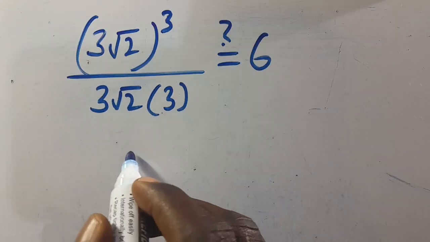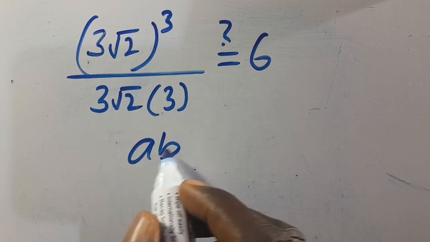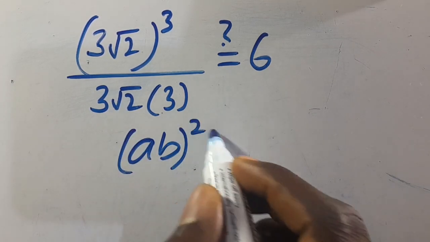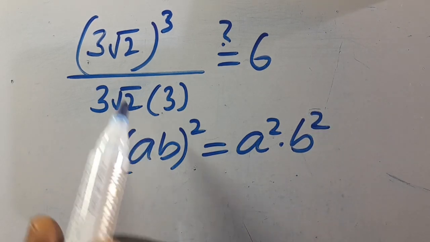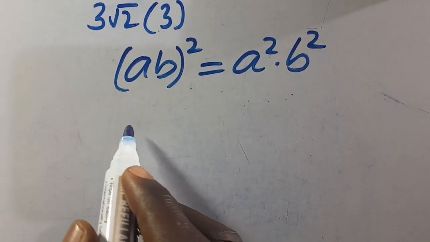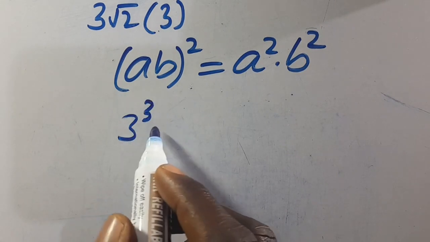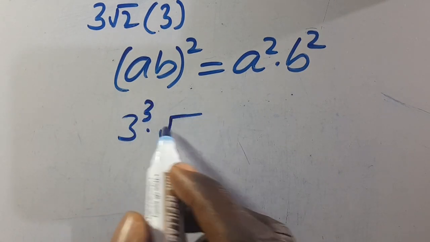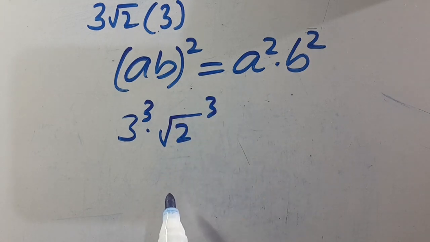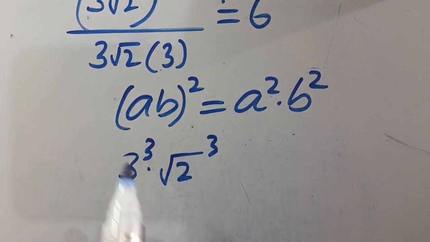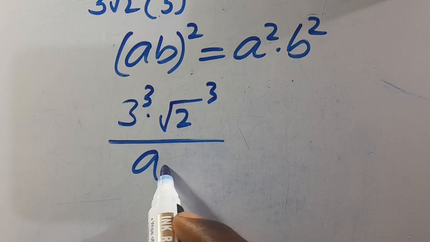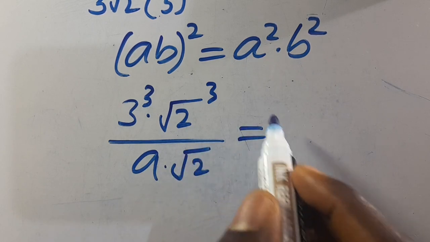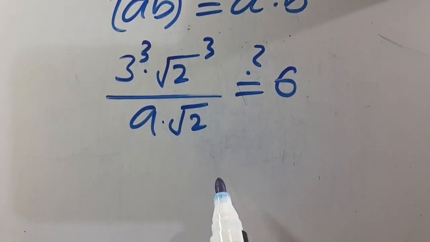From here, when you have a times b, all in parentheses to the power of 2, it equals a square multiplied by b square. So when we apply it here, we have 3 to the power of 3 multiplied by root 2 to the power of 3, divided by 9 multiplied by root 2. Then it's going to give us 6.